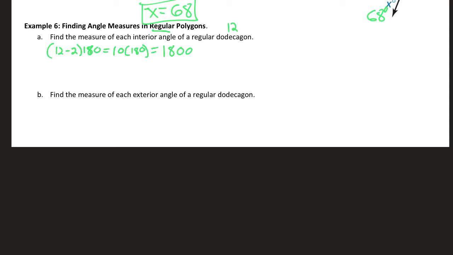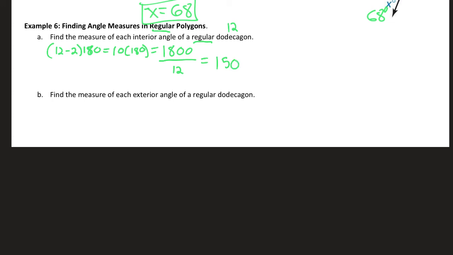Now, for me to know the measure of each angle, it's understanding in a regular dodecagon, all 12 angles are the same measure. So I'm essentially dividing the interior angle sum equally among 12 angles, meaning each angle would be 150 degrees. 150.